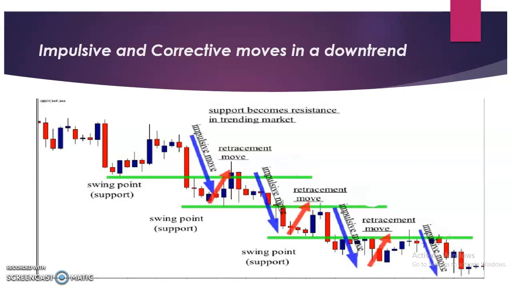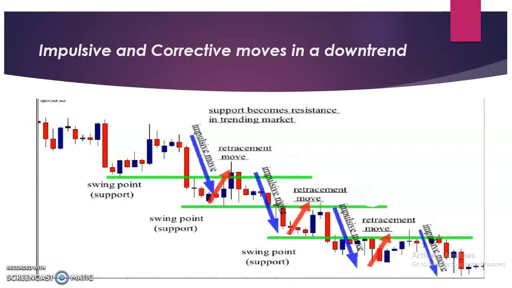One other thing you need to know is that when we are looking at a market, there are two major moves. There is something we call an impulsive move, and something we also call a corrective move. For every impulsive move, there is a corrective move.